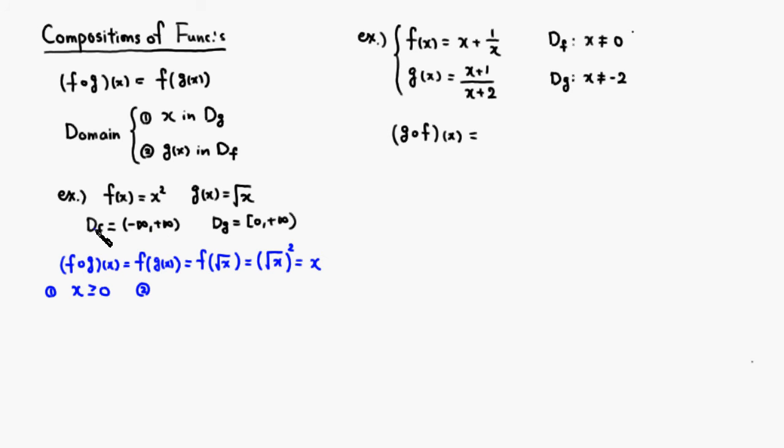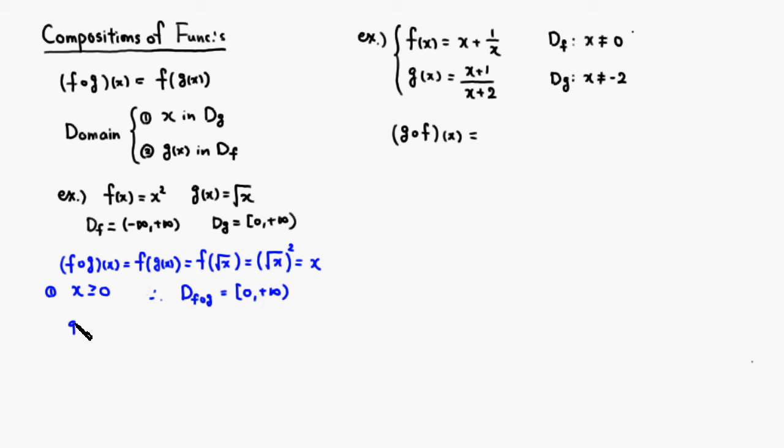But the domain of the outside function is all real numbers, so it could be anything. So the only condition we get is that x is greater than or equal to 0. Therefore the domain of f of g is simply the non-negative real numbers.